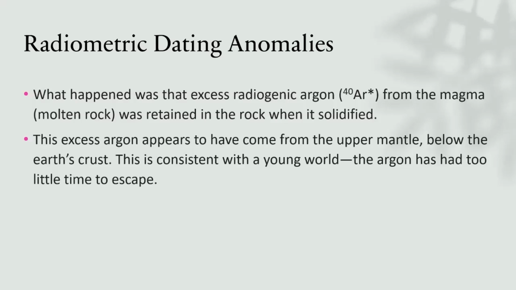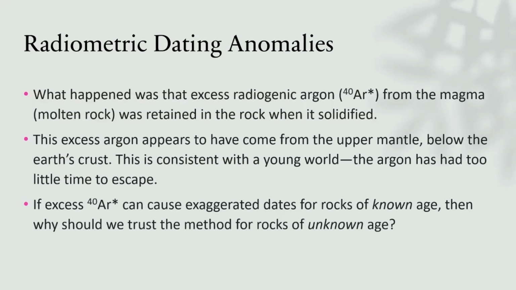Millions of years' worth of radiometric decay occurring at creation. So excess argon can cause exaggerated dates for rocks of known age. Then why would we trust the method for rocks of unknown age? Things get harder to date the further back in time you go. Even if the difference is only a few thousand years, it still increases the margin of error.